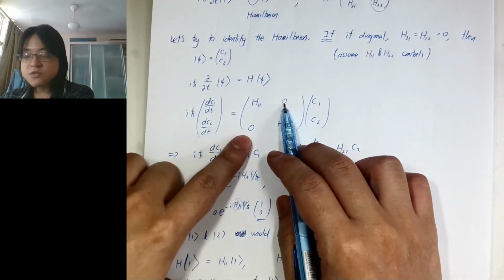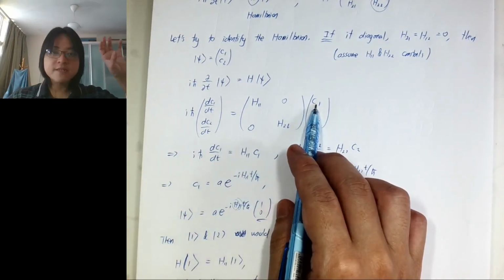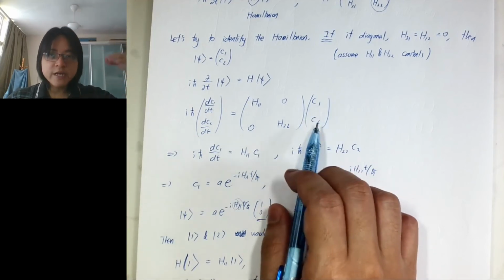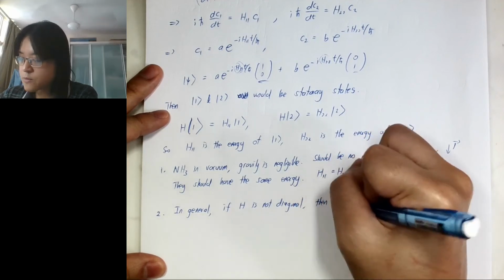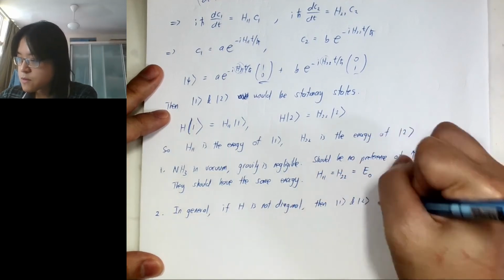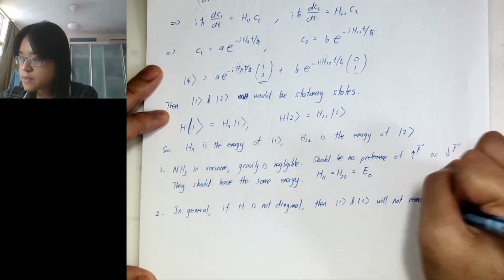So if these two are off diagonal, there is a tendency for the state to change from 1 to 2 and 2 back to 1. Then 1 and 2 will not remain stationary.